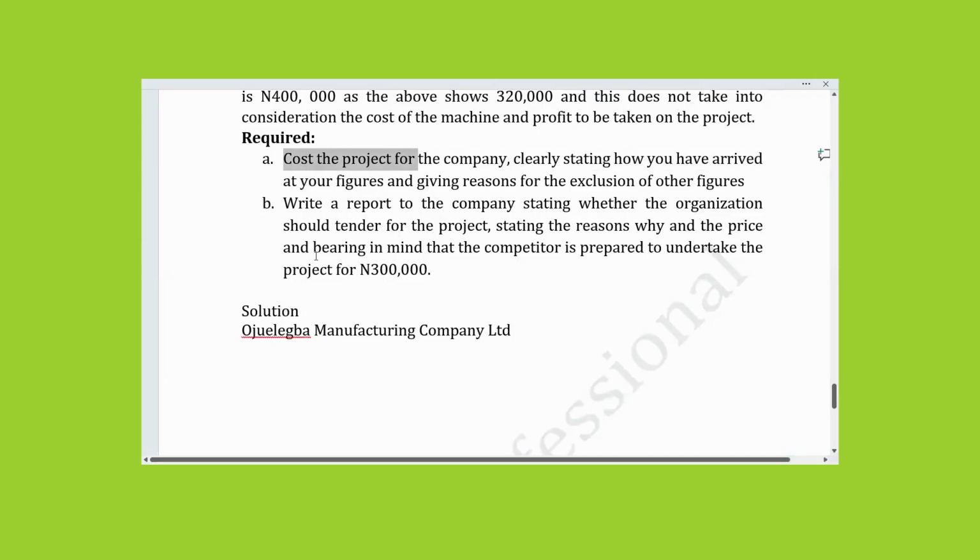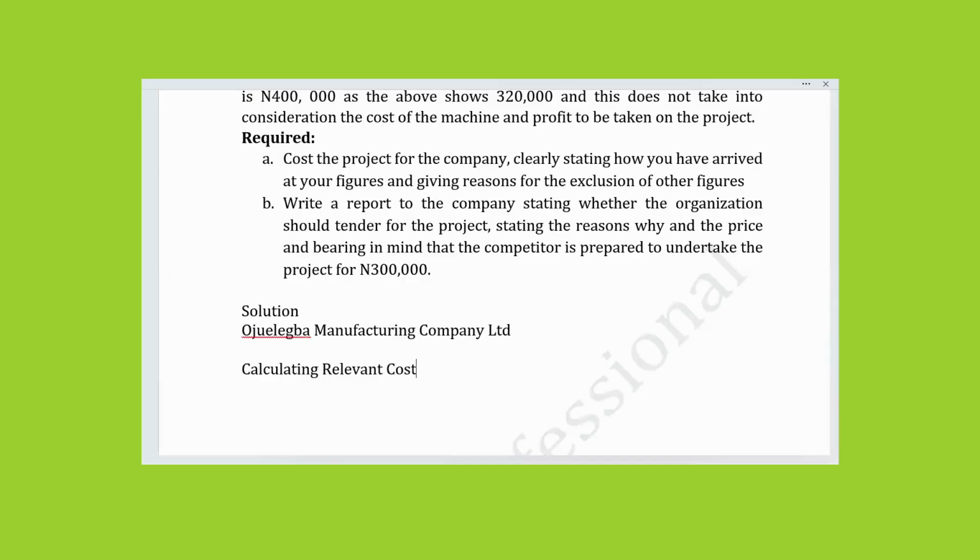You want to cost the project, which means that you must calculate, you have to determine relevant cost. I would then say calculating relevant cost. When you see the scenario in the question, you will surely know this particular question relates to relevant cost. It will be there. So calculating relevant cost for Project X.